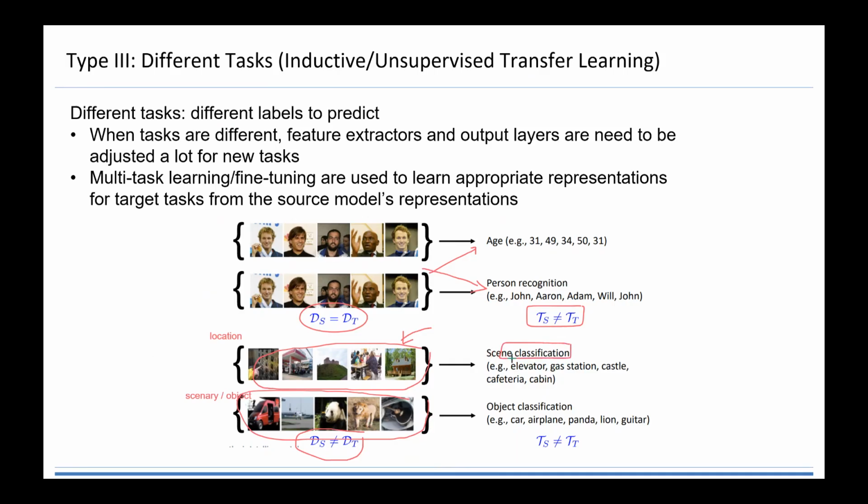Scene classification means I want to know where the location is. Okay, it is in the elevator, it is in the gas station, it is in the castle, it is in the cafeteria, it is in the cabin. But the other task is object classification. So we want to detect, okay, this is a car, this is an airplane, this is an animal, panda, this is a lion, this is a guitar. So the task is different and the domain is also different. So this is type 3, we have different tasks.